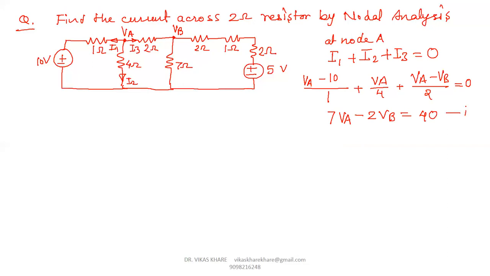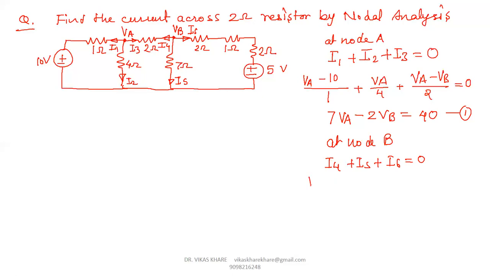This is equation 1. Now the KCL equation at node B. Again, I4 plus I5 plus I6 is equal to 0. Now we write the currents in terms of voltage upon resistance.